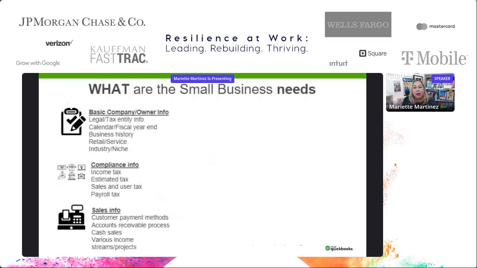When we're talking about the what with accounting needs, again, remember you were asking possibly those questions around their entity type, their tax type, about their fiscal year end, or are they a calendar year end? How many years have they been in business? Are they a product business? Are they a service business? As those conversations come up, you're really creating these categories of information that you're capturing from them.